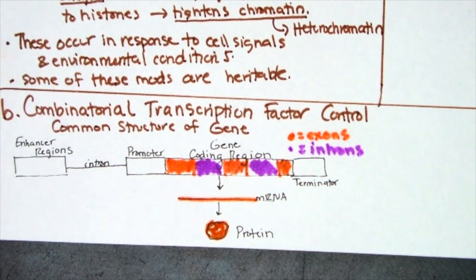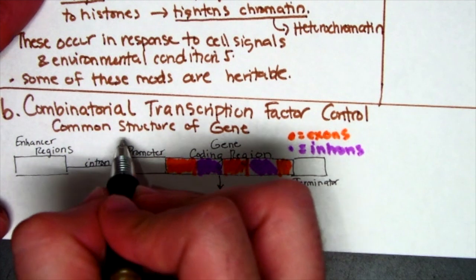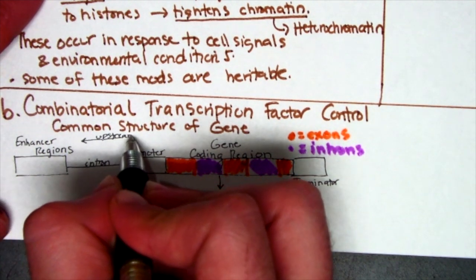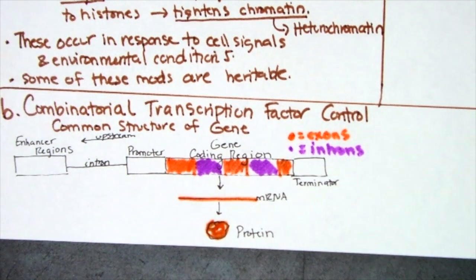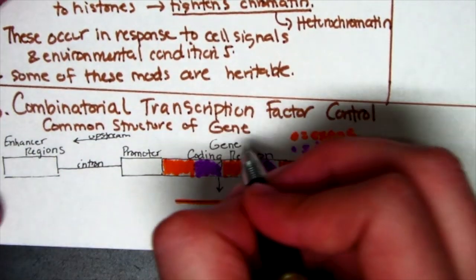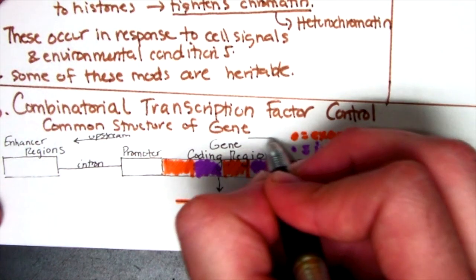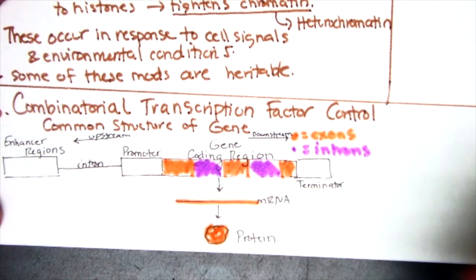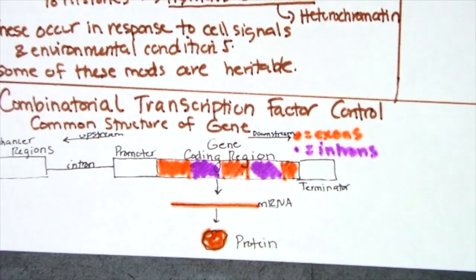Just a quick note, whenever I use the term upstream, I'm referring to the sequence that occurs before the gene. Whenever I use the term downstream, that's after the gene. Upstream and downstream.